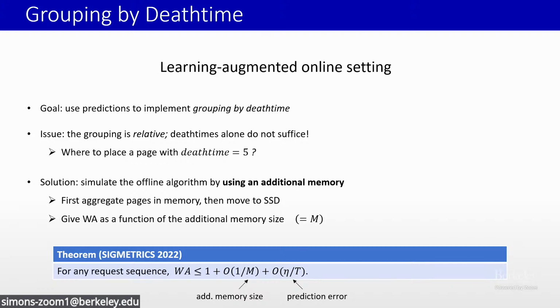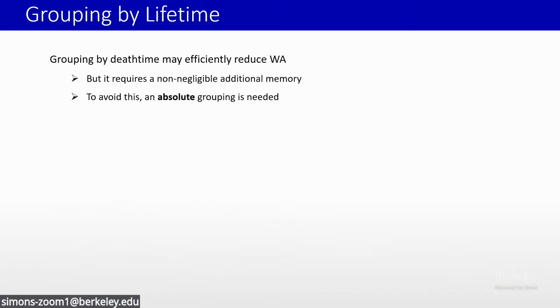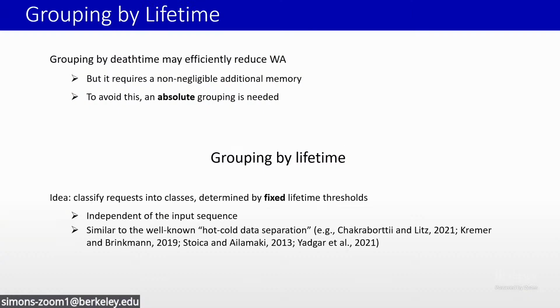So this is fine, but we were not very happy with this need to have an extra memory. So we moved on to a different grouping, which is grouping by lifetime and having fixed classes, which are independent of the input sequence, unlike grouping with respect to death times.